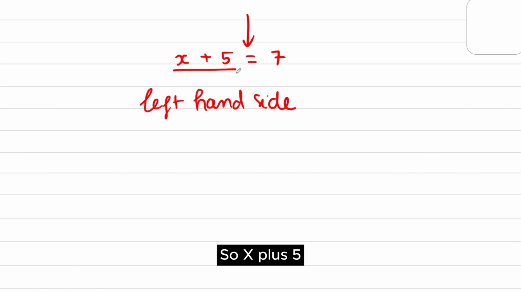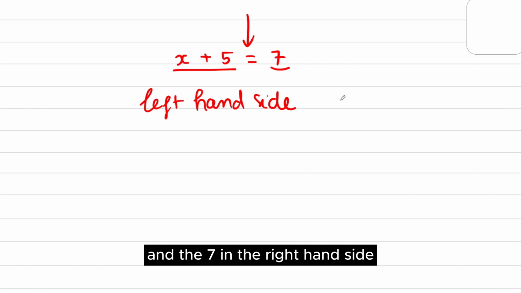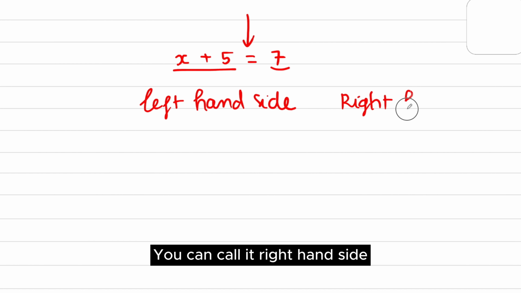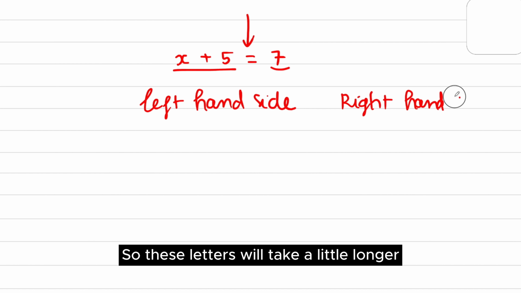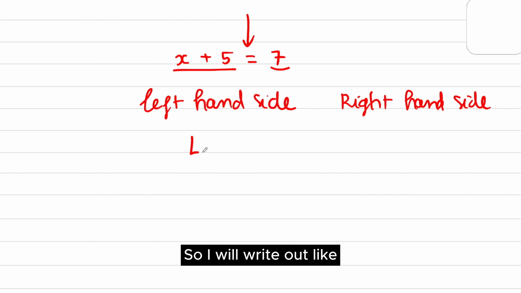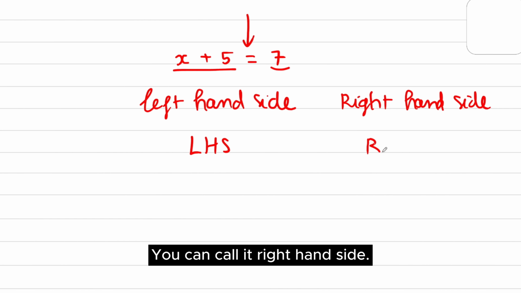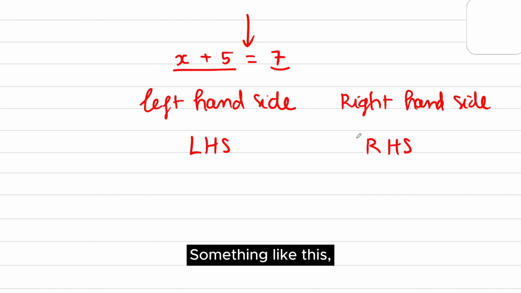So x plus 5, we call it left hand side, and the 7 you can call the right hand side. I will write down left hand side, and the other one, right hand side, something like this.